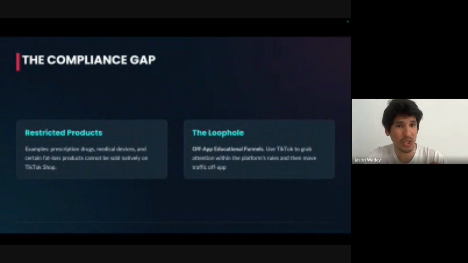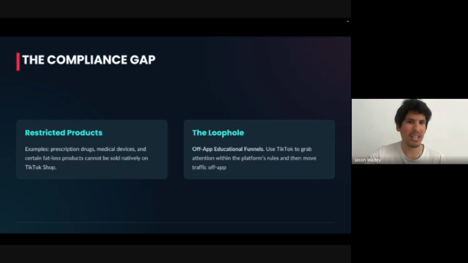TikTok Shop is a lot more restrictive than normal organic TikTok content. That doesn't mean there are no restrictions, or that you don't need to be careful with claims, but it's a bit looser in terms of the wording, in terms of what you can and can't say. This is the way I would go about these types of products on TikTok. Okay.